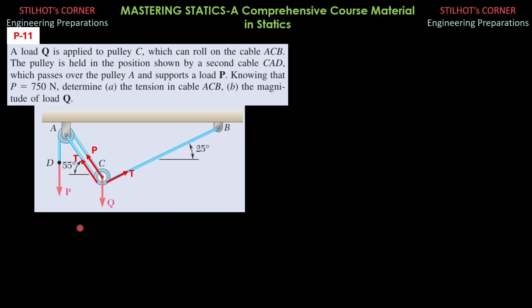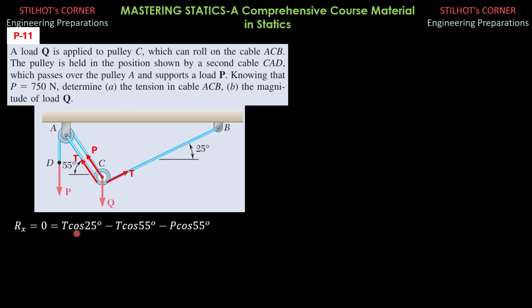have to set Rx equals 0, and Rx equals the x component of this T here, T cosine 25 degrees, minus T cosine 55 degrees minus P cosine 55 degrees equals 0.